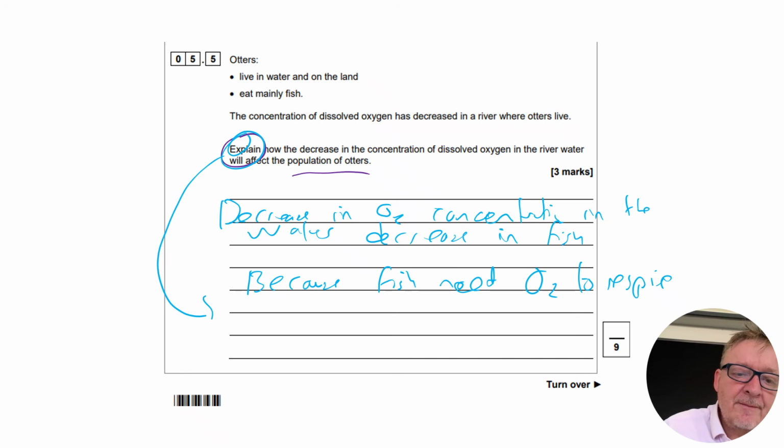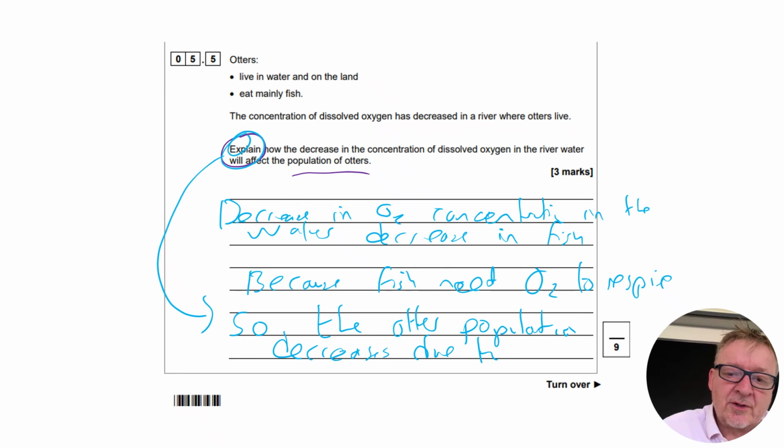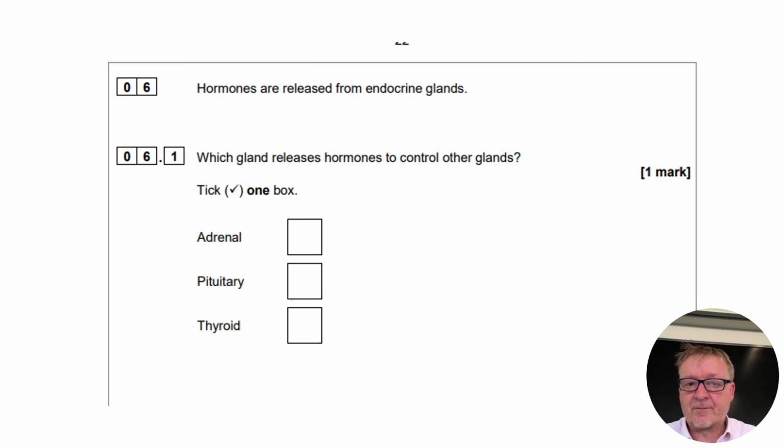So the otter population decreases due to lack of food. Okay, kind of makes sense, really, doesn't it?